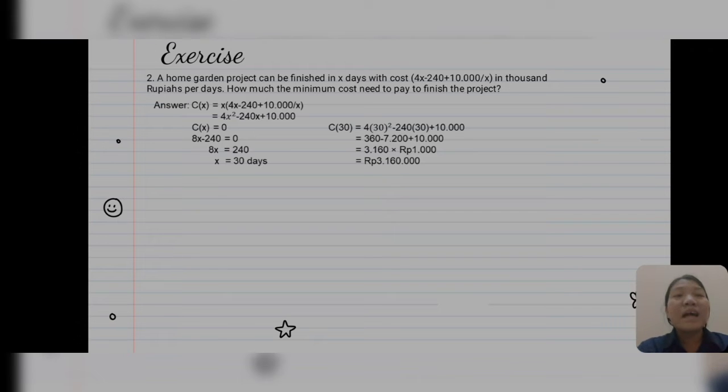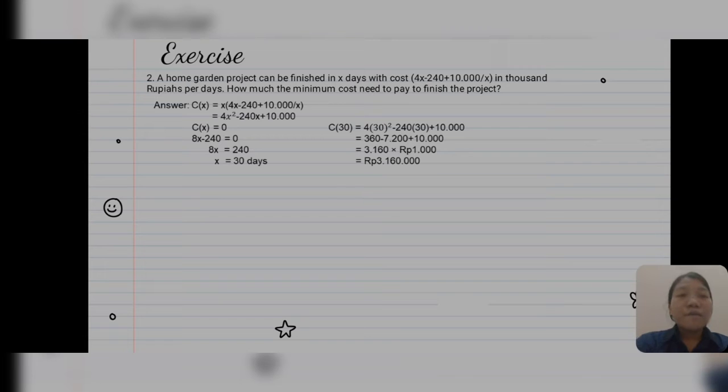So we'll write it as C open parenthesis X close parenthesis equal to, we need to times the cost with the days. So at here, X open parenthesis 4 X minus 240 plus 10,000 per X close parenthesis. And then we multiply it, the X with all of the costs.